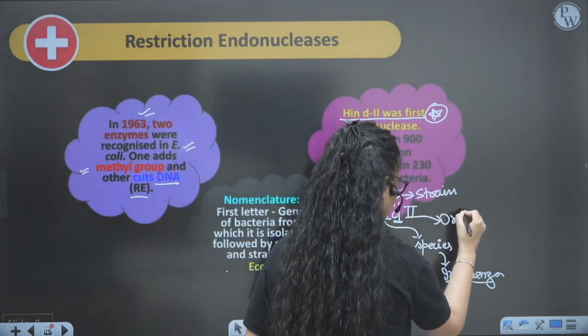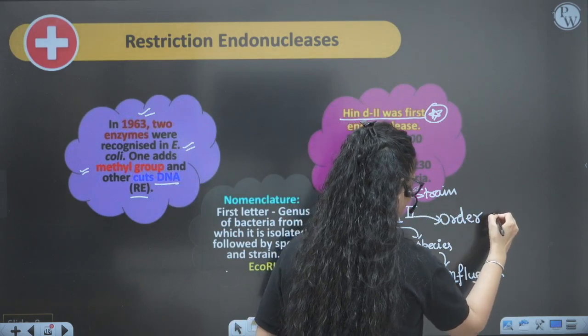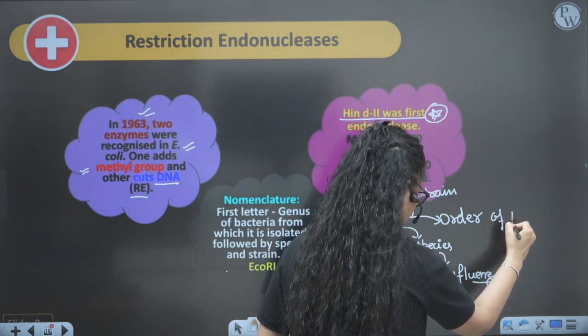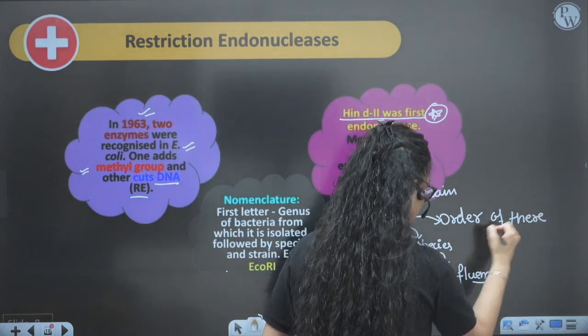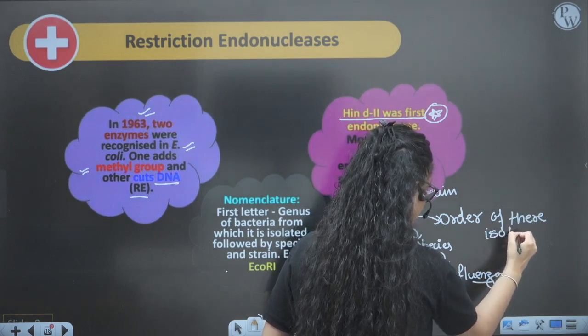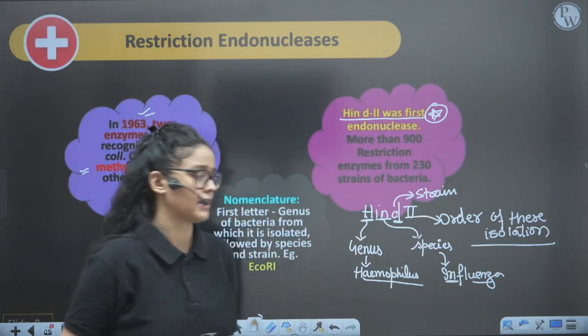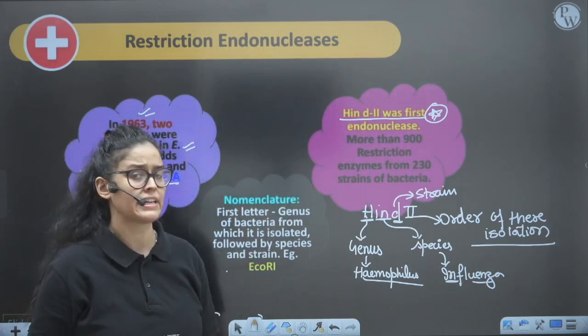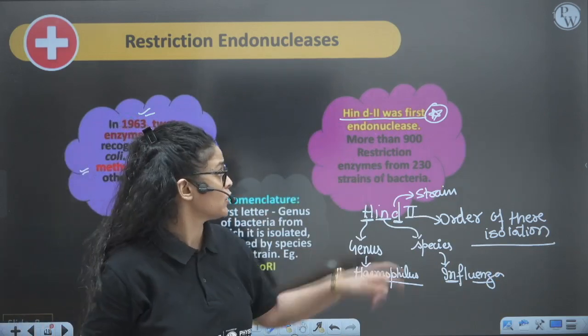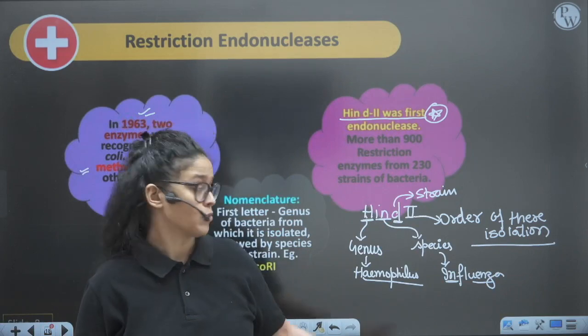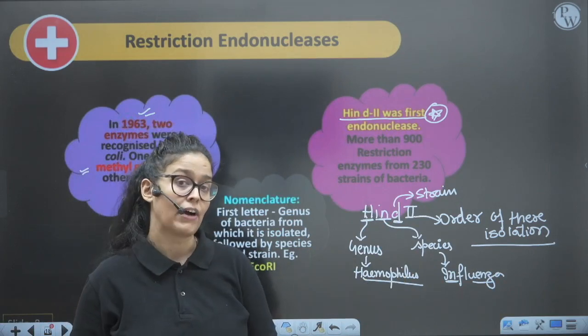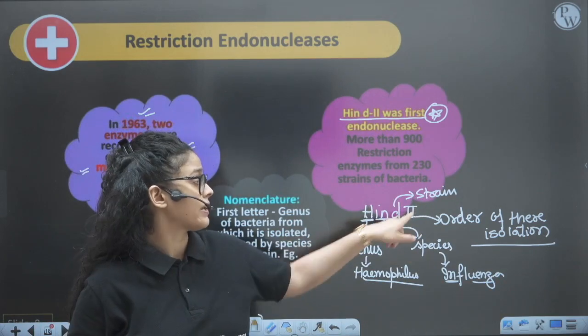So it is talking about the order of their isolation, meaning where we have isolated this from the bacteria. Now you will say, ma'am, this is the first restriction endonuclease that was isolated from the Haemophilus bacteria, so why are we calling it second?